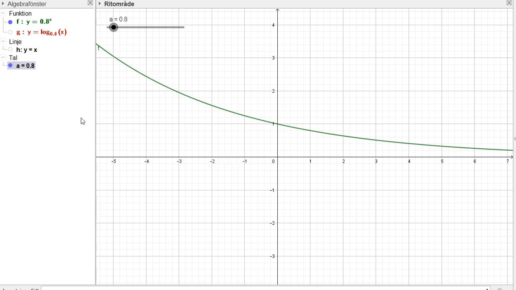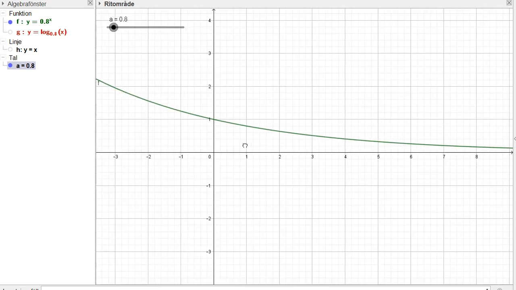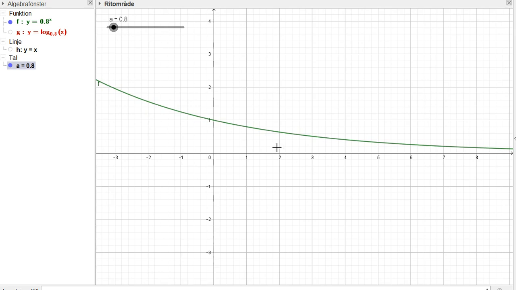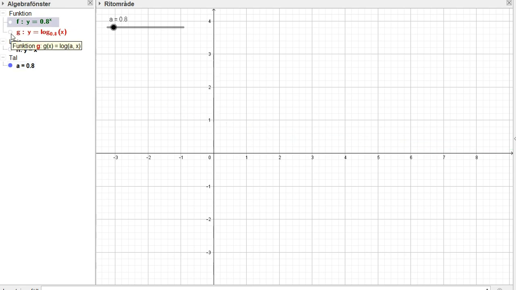And as you can see here also, we can have all the values of x as our domain, but our range is only when y is greater than 0.